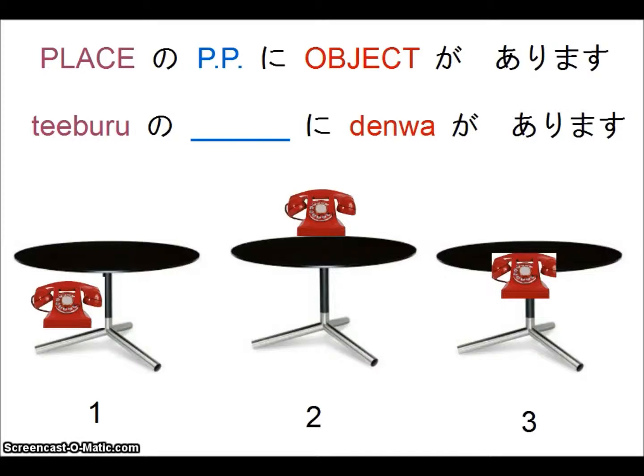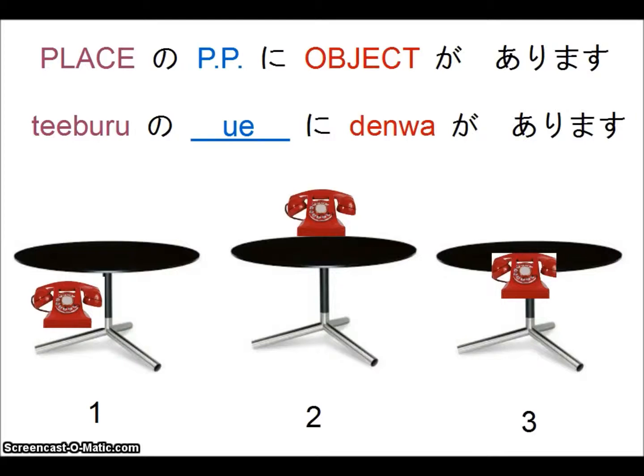So what would example 1 be? Teiburu no shita ni denwa ga arimasu. We had someone also offer hidari, and yes, it is under the table to the left. So you could also suggest that it's teiburu no hidari ni denwa ga arimasu. What about number 2?